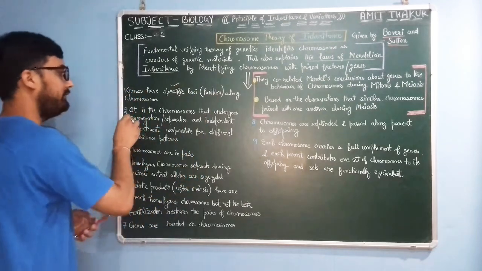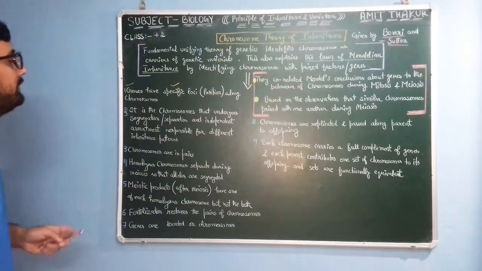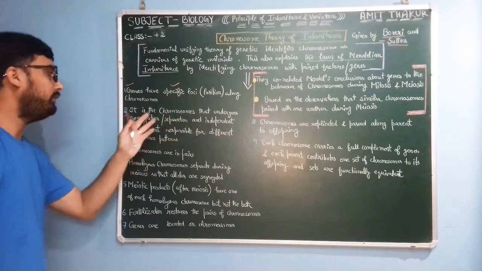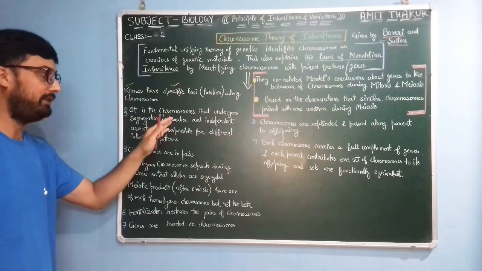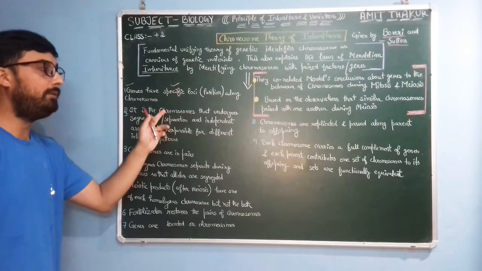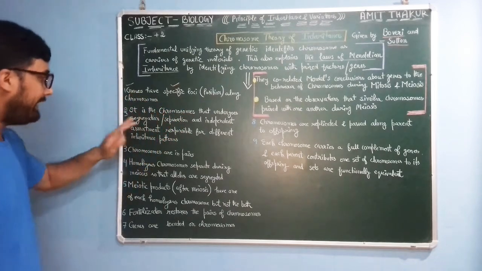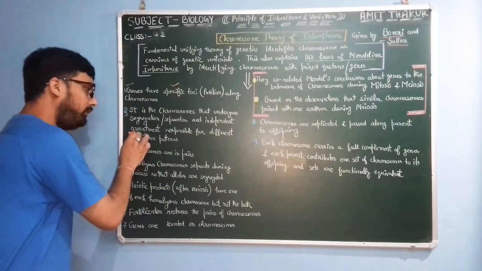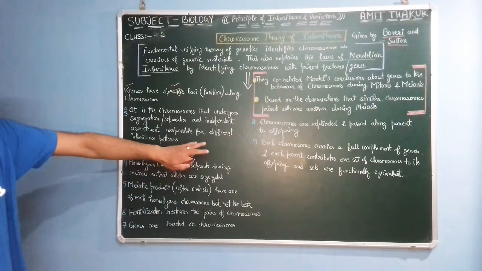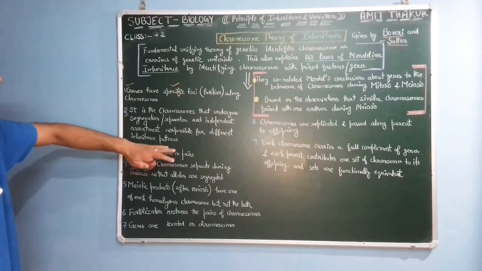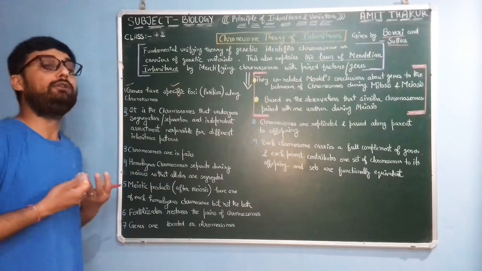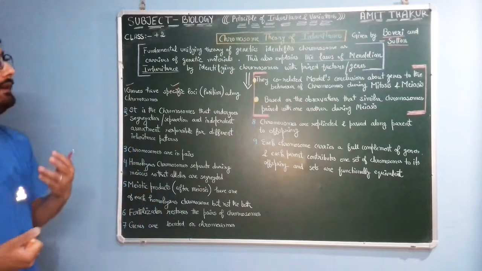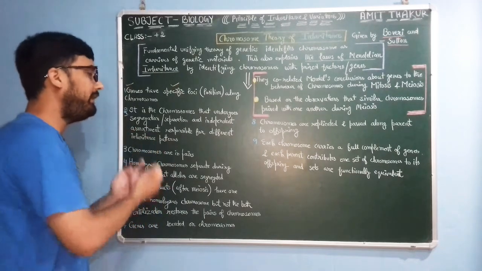Second, chromosomes undergo segregation or separation and independent assortment, which is responsible for different inheritance patterns.